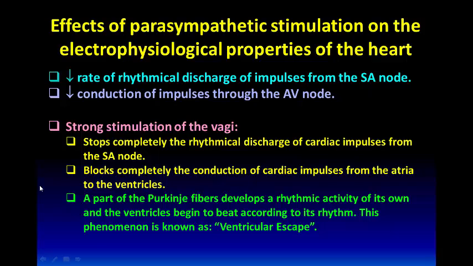Because a part of the Purkinje fibers develops a rhythmical activity of its own, and the ventricles begin to beat according to the rhythm of this part. This phenomenon is known as ventricular escape. So the ventricles have escaped the strong stimulation of the vagi by developing their own rhythmical activity.